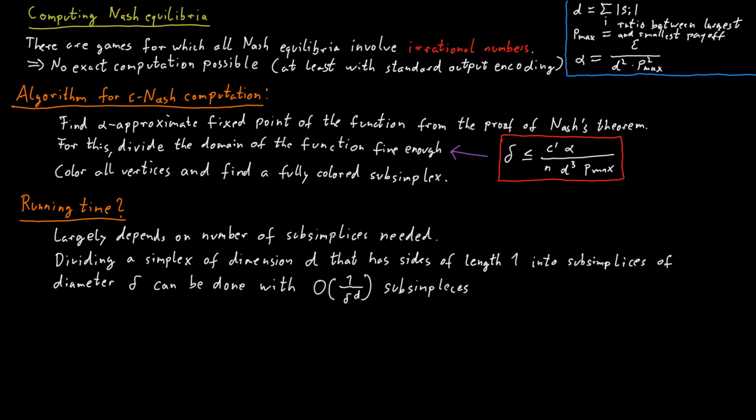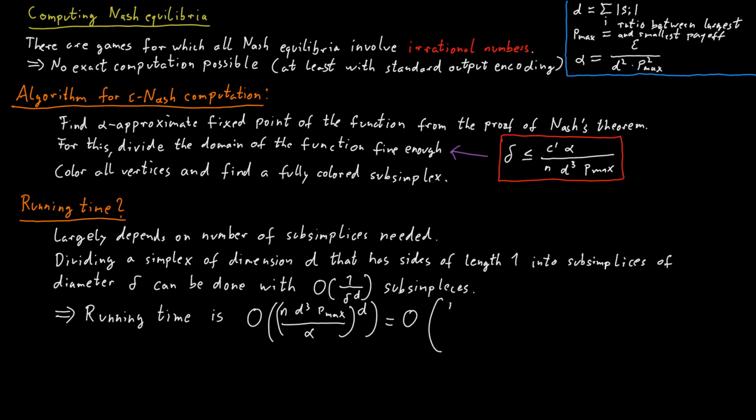Now, that means our running time is not more than in the order of n times d cubed times p max divided by alpha, and all of this to the power of d. And now, if we plug in the value for alpha that you can still find at the top right corner of the screen, then we have n times d to the power of 5 times p max cubed divided by epsilon, and all of this to the power of d.